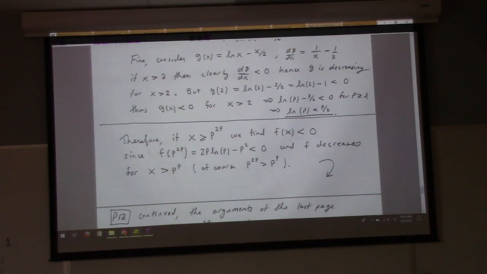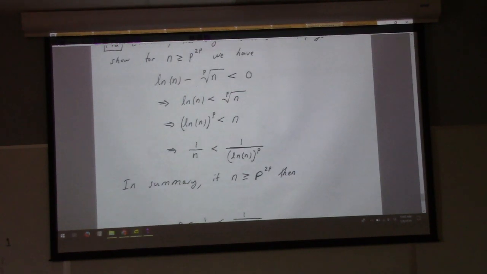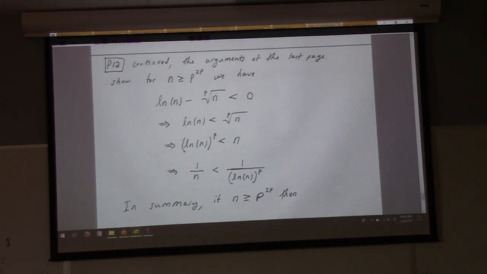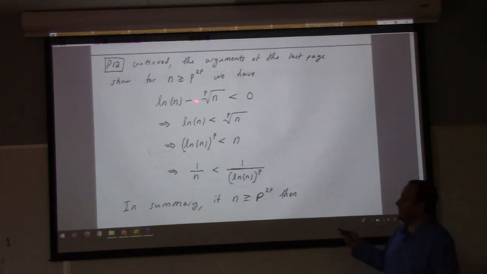I've shown that f of p to the 2p is less than 0, and consequently f of x beyond that is negative. All of this as a means to prove that the natural log of n minus the pth root of n, for n greater than or equal to p to the 2p, is less than 0, which gives me this, which if I take the pth power gives me that, which if I rearrange gives me this. And by the way, this is what motivated the whole thing.